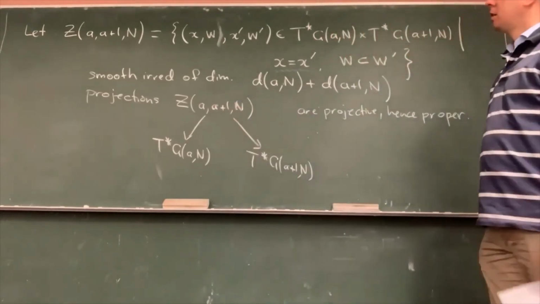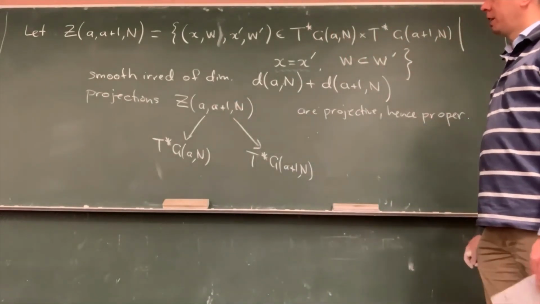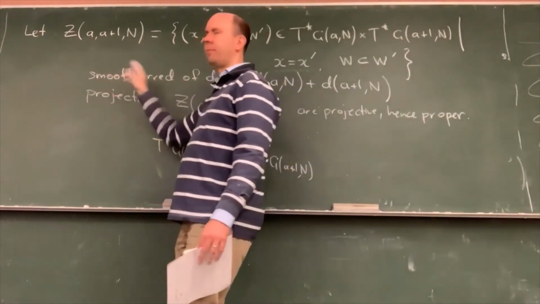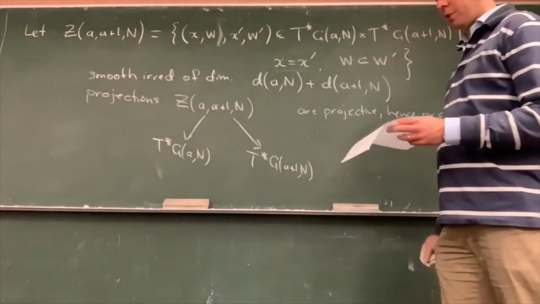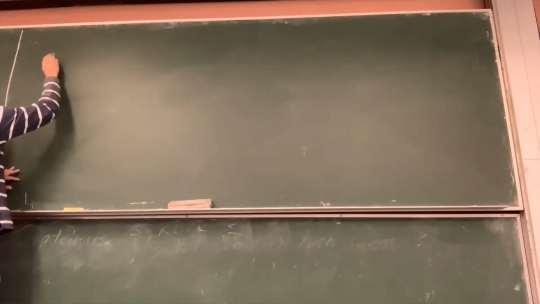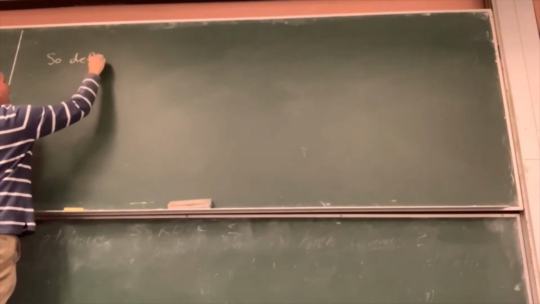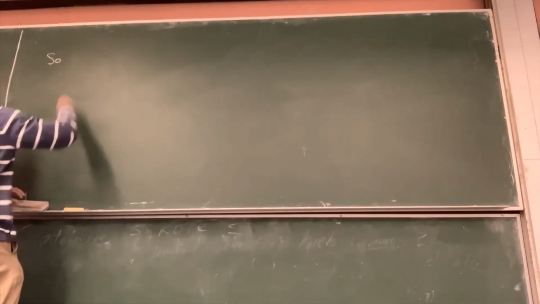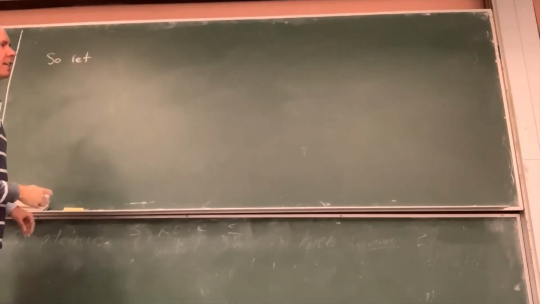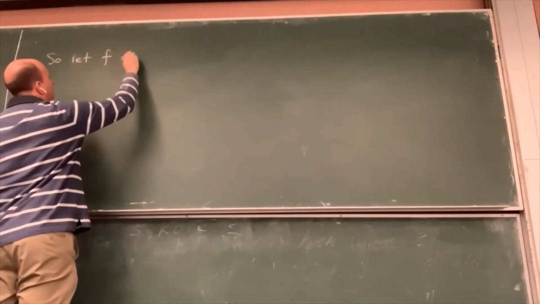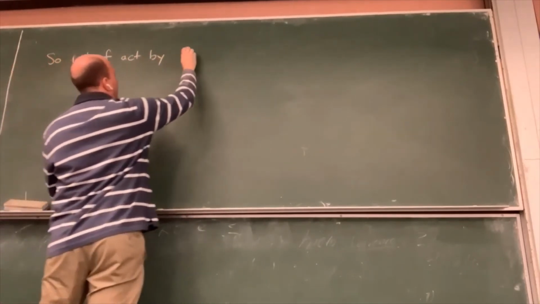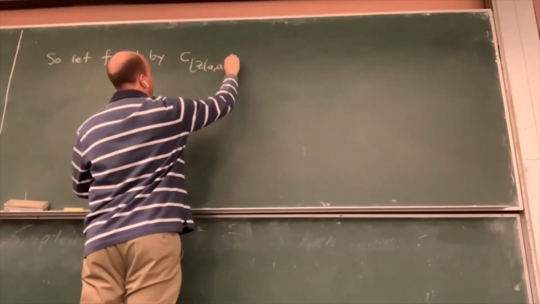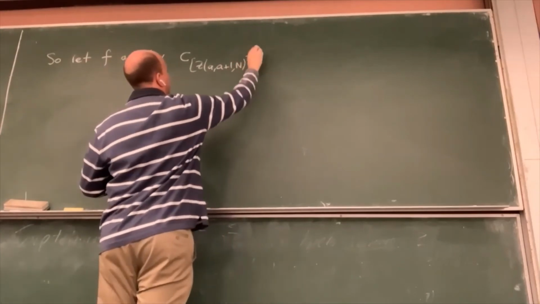Okay, so we're all set up there in the way we had before. We've even got the bonus that Z itself is smooth, but that's just a nice extra feature. So you let F act by the correspondence defined by this Z A plus 1, n that I've defined there.